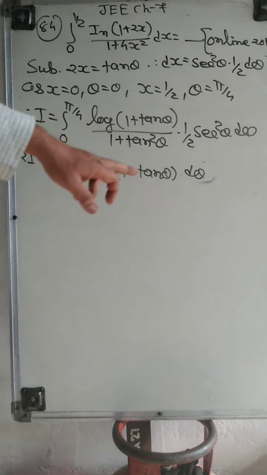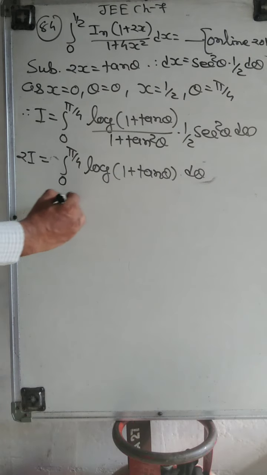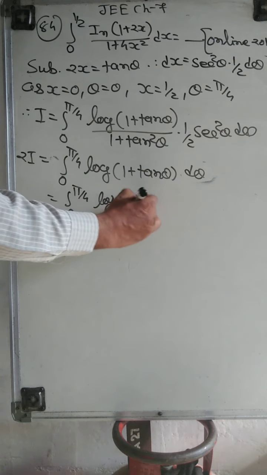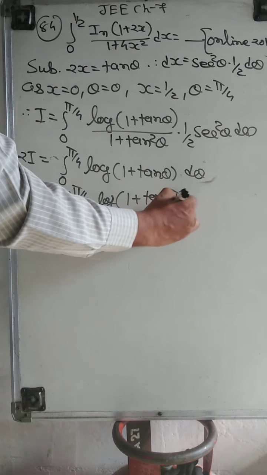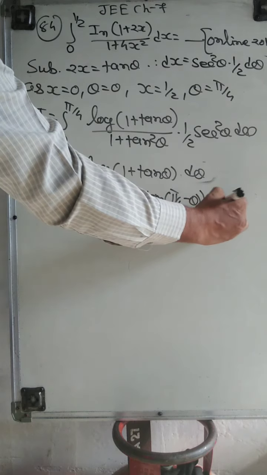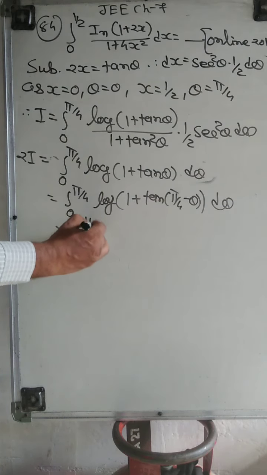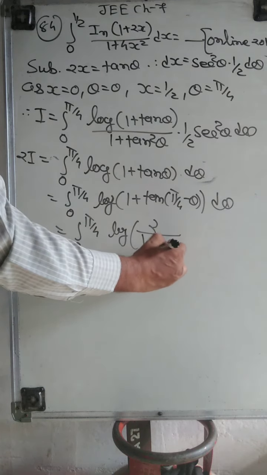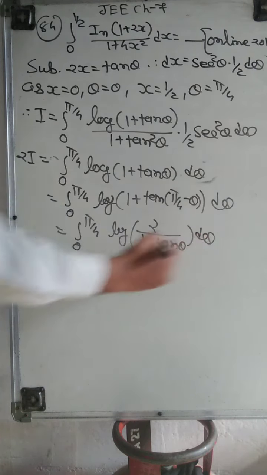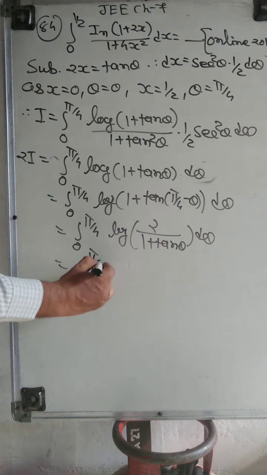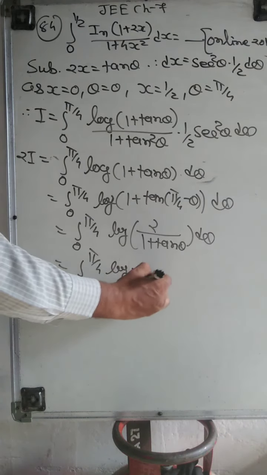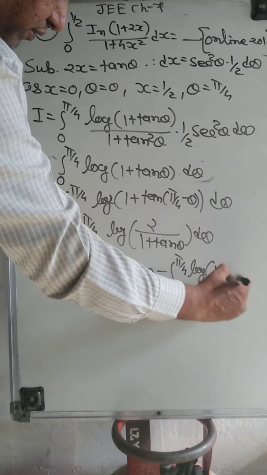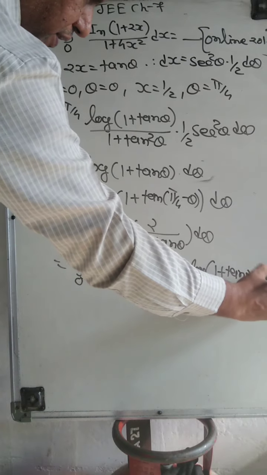Now we replace this theta by pi by 4 minus theta. This type of sum we did in our previous sum, tan(pi by 4 minus theta), and simplifying, we get integration 0 to pi by 4 log of 2 upon (1 plus tan theta). This is integration 0 to pi by 4 log 2 d theta minus integration 0 to pi by 4 log(1 plus tan theta) d theta.